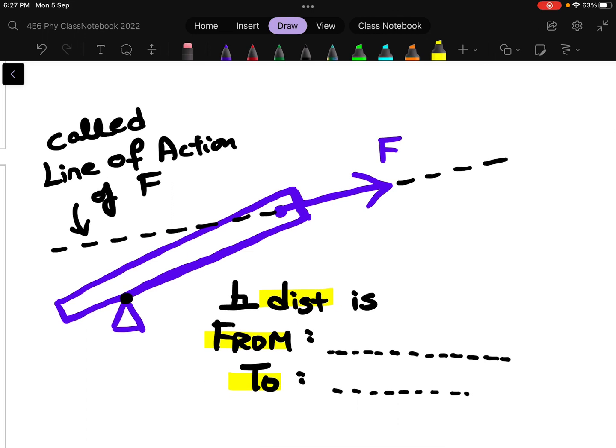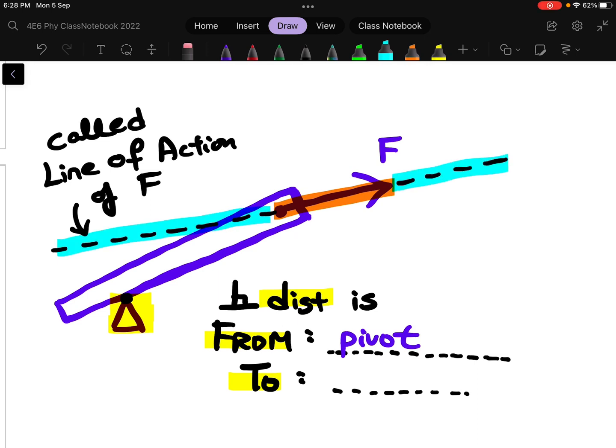Here you will see that I have a system and it has a pivot here at the triangle, and there is a force being applied on this object, and obviously this force will create its own turning effect, which is measured by moment. The distance that we are concerned with is measured from the pivot, and it is measured to the line of action of a force.